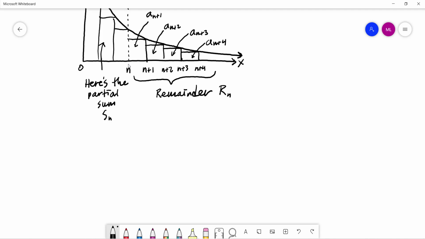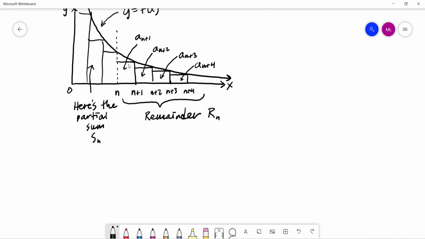And then the actual sum, if you'll recall our notation, if we sum from n equals 1 to infinity of all the terms, we called that S. It is also the limit as n goes to infinity of S sub n.